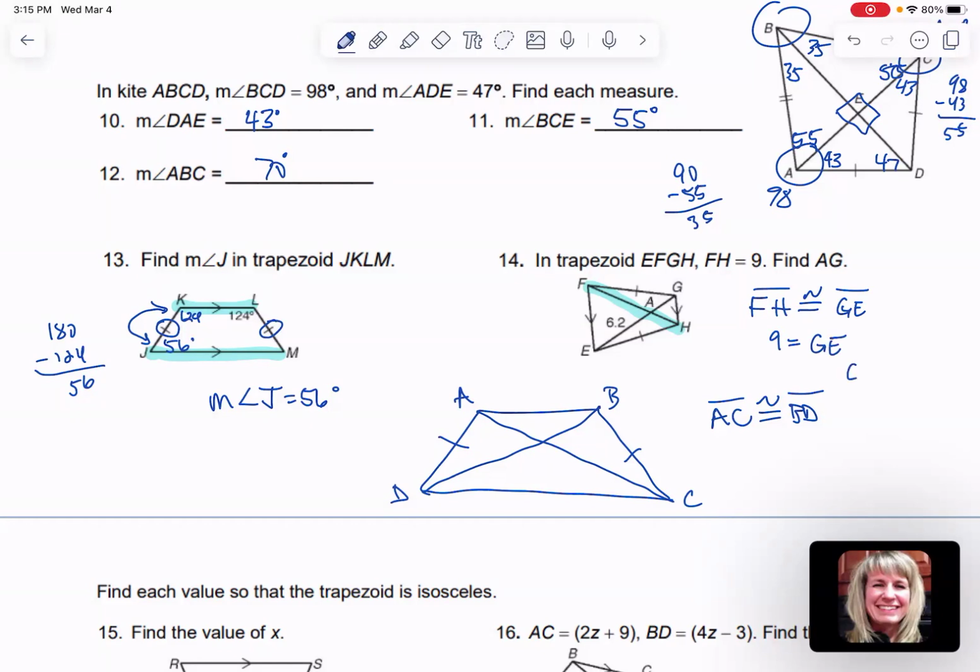I know GE equals AE plus AG, those two parts add up to that. So if I'm trying to find AG, and I know AE is 6.2, then I can just subtract 9 minus 6.2, and I get 2.8. So AG will equal 2.8.